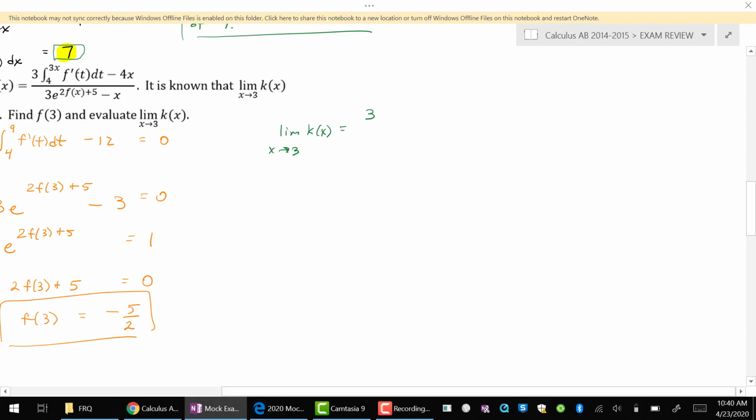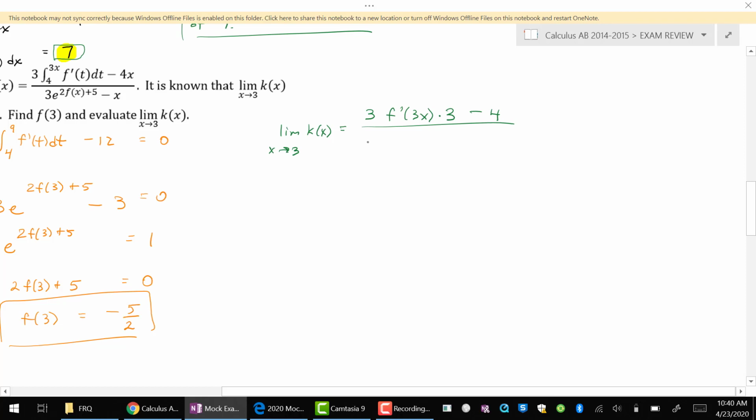I'm going to dump in that 3x into t. Don't forget to multiply by 3, the chain rule, the derivative of the upper bound, and then a minus 4, all divided by chain rule down here.